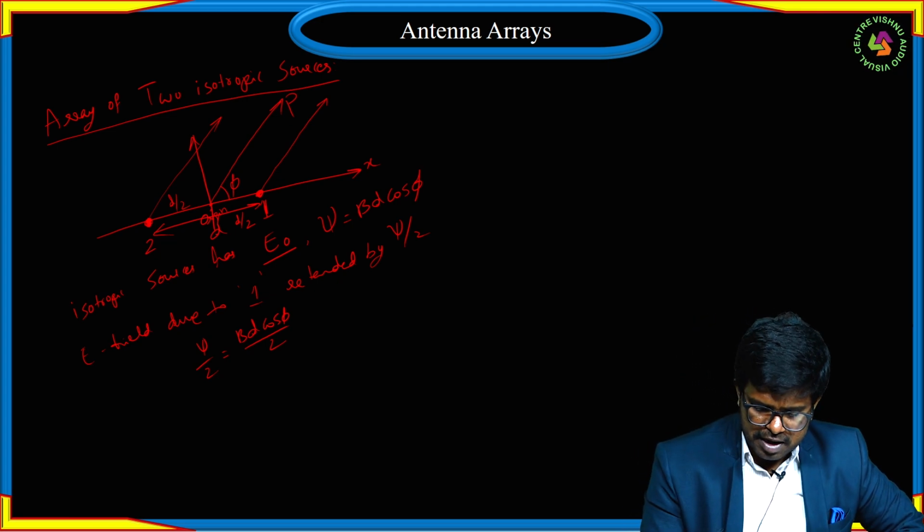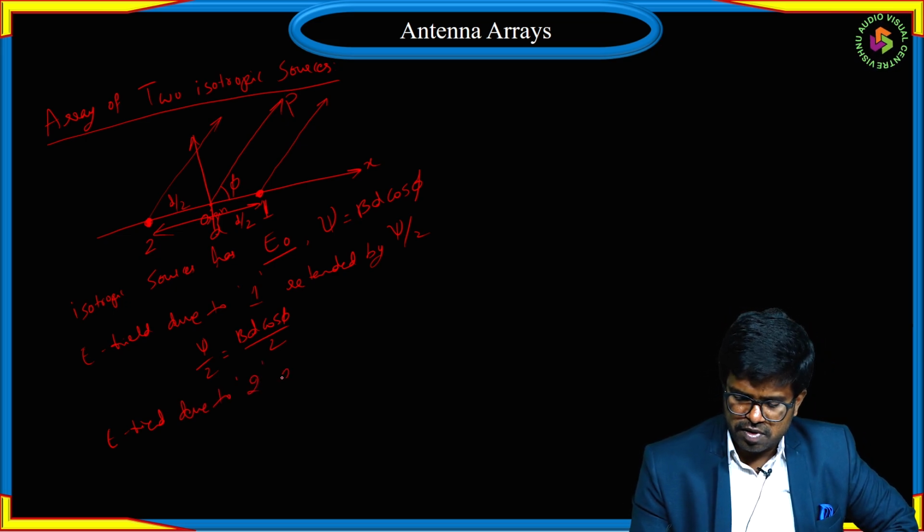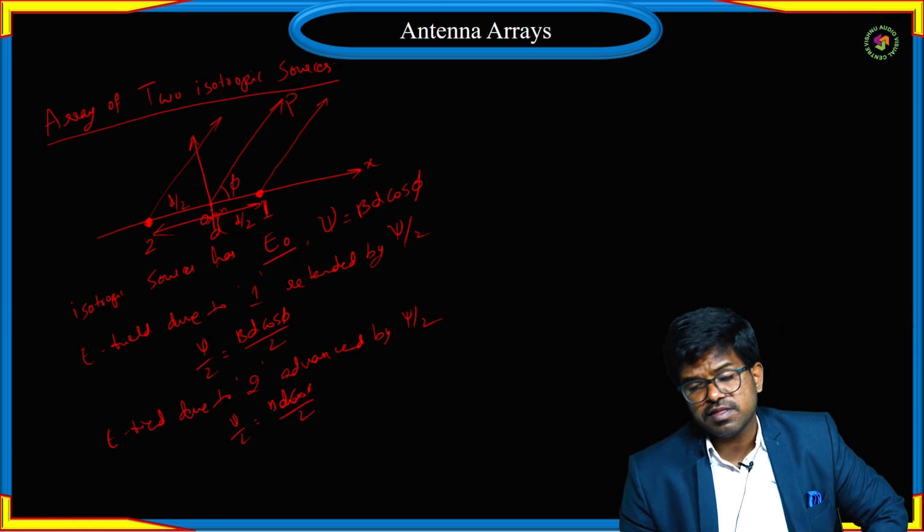The electric field due to the second source is advanced by psi by 2, that is, beta d cos phi by 2. One is advanced, one is retarded.